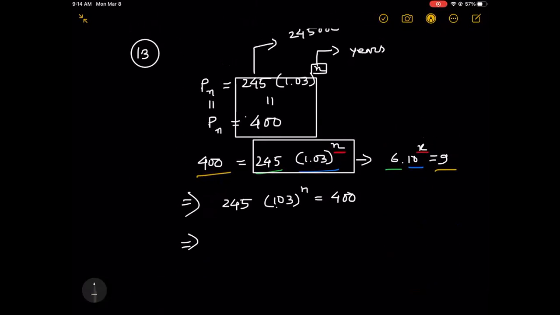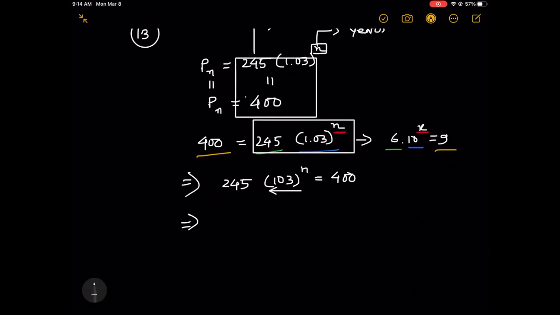Would you divide by 245? Very good. We're trying to isolate this, so we'll first divide both sides by 245. You can use your calculator to see the value: 400 over 245 will give you 1.6327 up to 4 decimals.